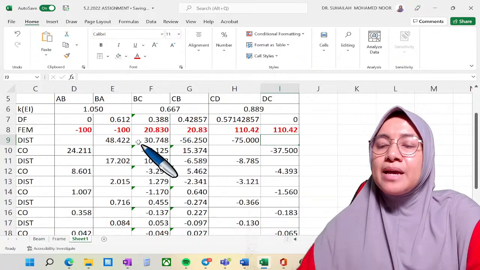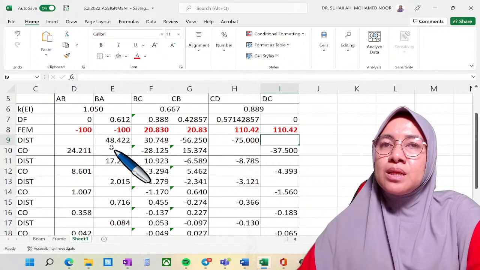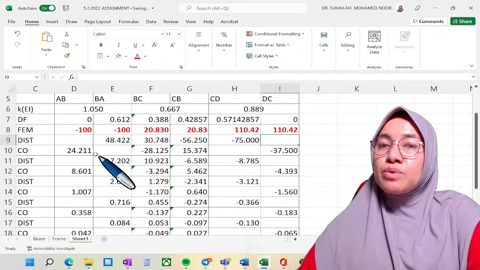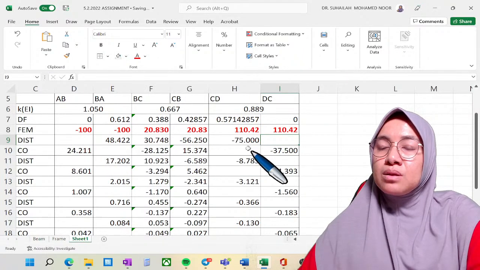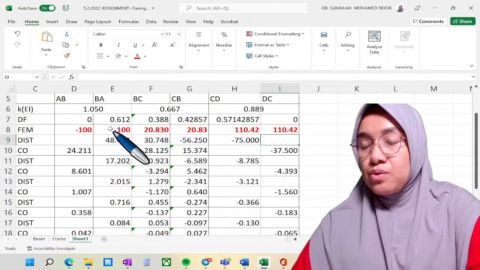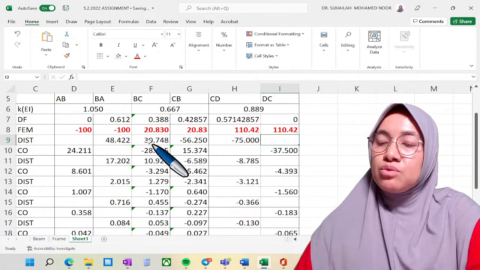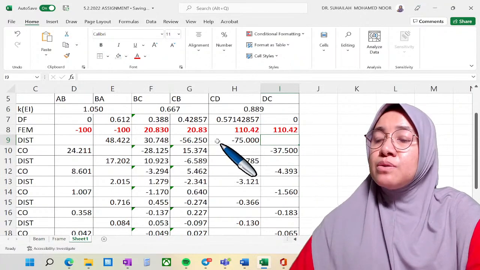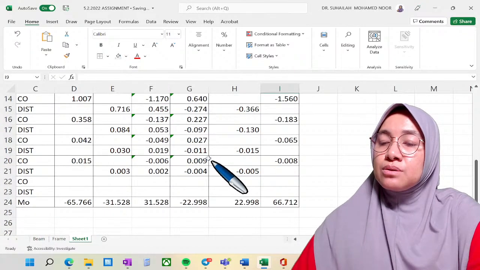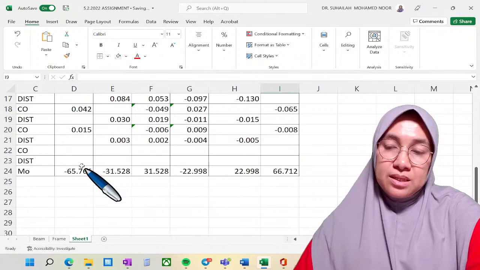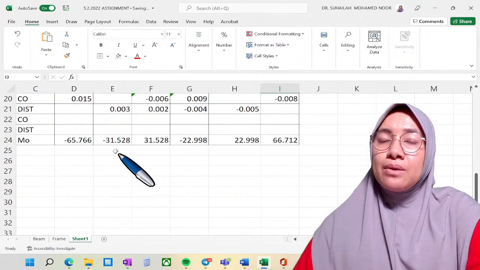Then the value we will carry over by multiplying with the factor 0.5, because all A, B, C, D are fixed. So all will be divided by 2, or the factor is 0.5, so we get the end moment.